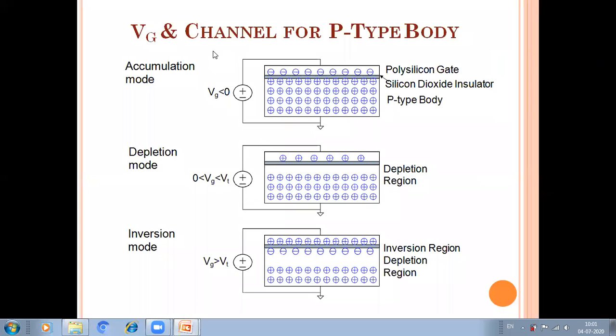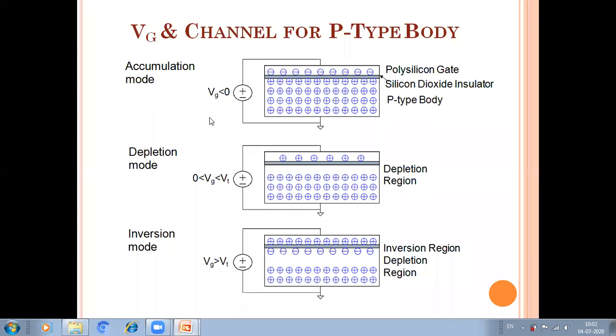Next is the accumulation mode, depletion mode, and inversion mode. We'll understand how the different modes are decided in the enhancement type of MOSFET. It depends on the gate voltage.